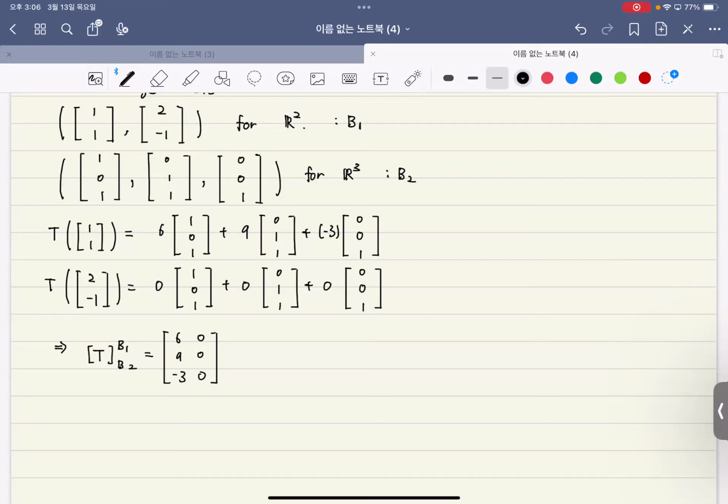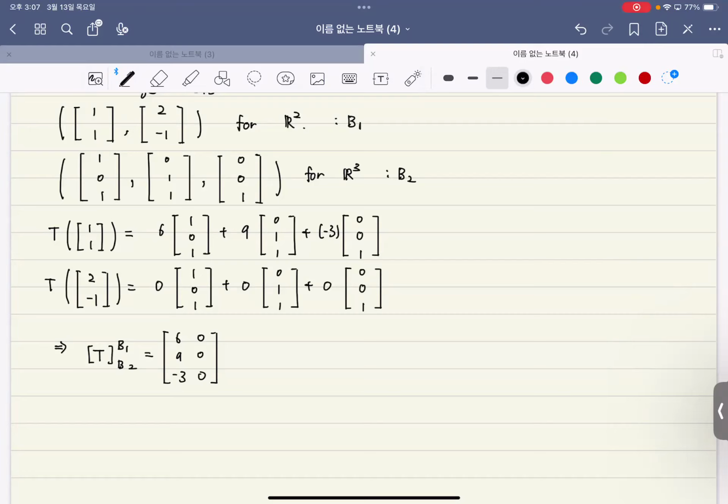Suppose that you have computed the invariant of each of these two matrices, but if those two invariants are different, then you're pretty sure that these two matrices are not representing the same linear transformation. So this is why we care about the invariant of the matrix.